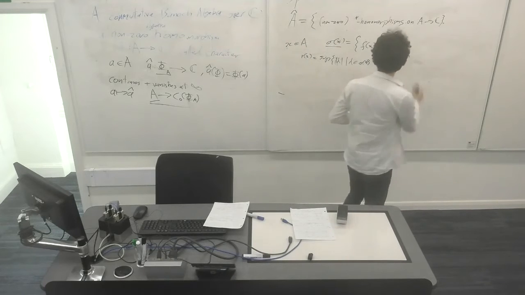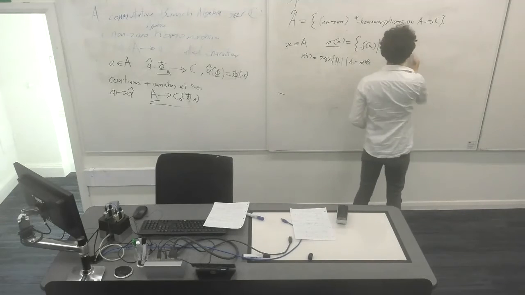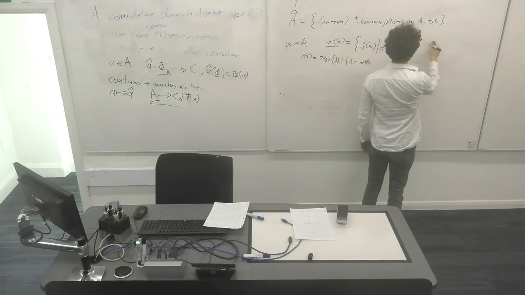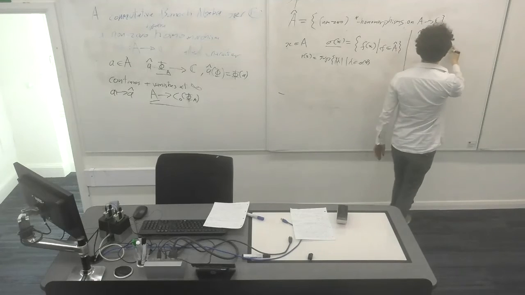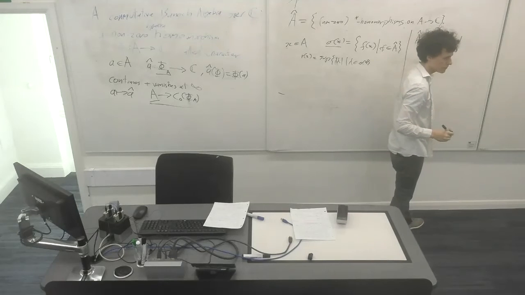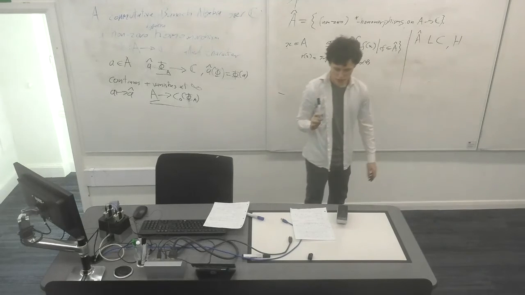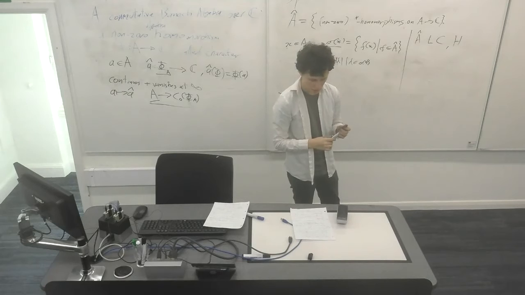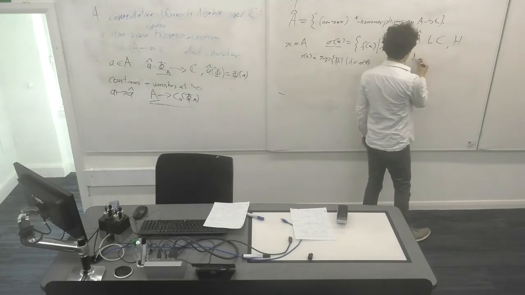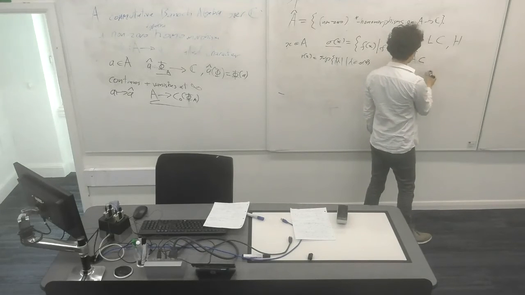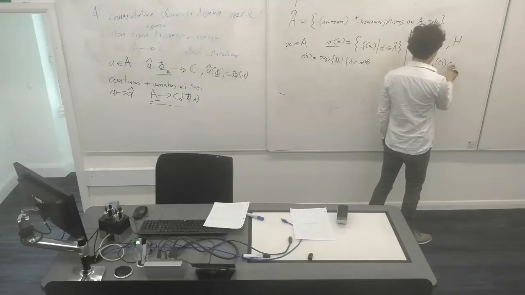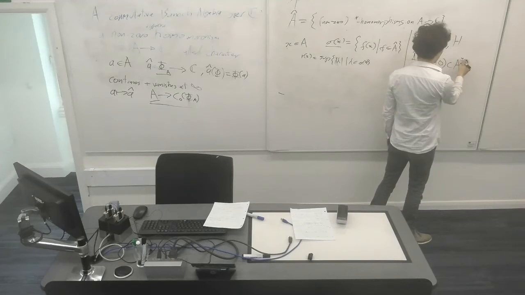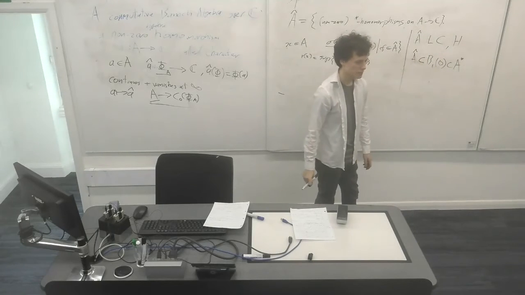We can give additional properties to A hat, the spectrum of the algebra: A hat is locally compact, Hausdorff, and is contained within the unit ball of the dual space.